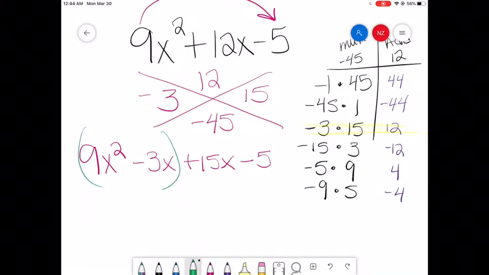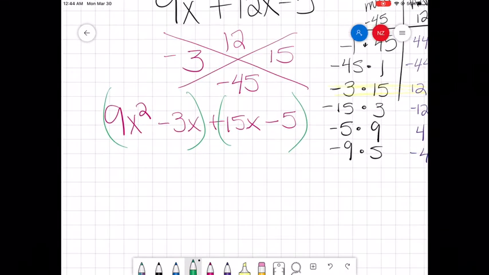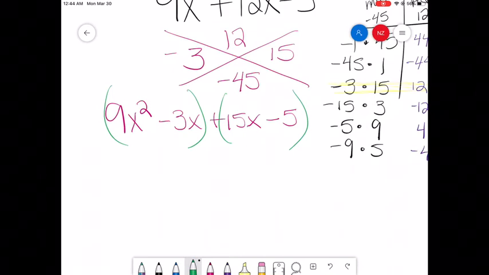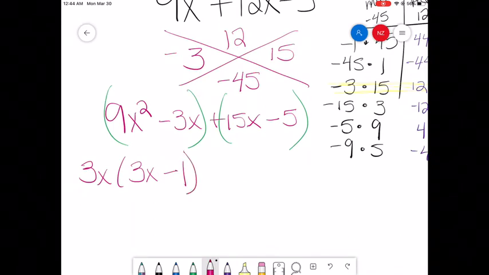So I'm going to group here. Greatest common factor. Well, this time 9 and 3 both go into 3. So I can factor out a 3 and an x. Then I have 3x minus 1. Then in parentheses here, I know I'm going to have 3x minus 1.